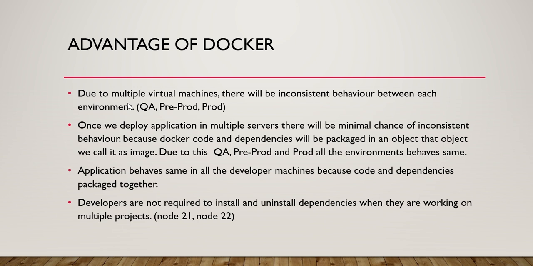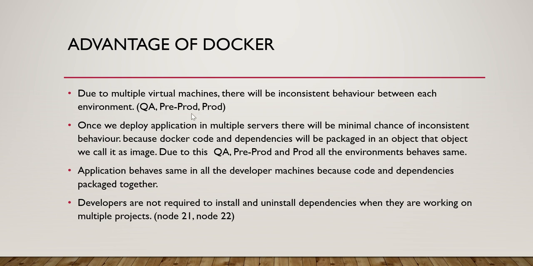For example, you are deploying your application using virtual machines, and you have a QA virtual machine, a pre-prod virtual machine, and a prod virtual machine. Maybe the operating system is different in each environment, QA, pre-prod, and prod, and the dependency versions we installed in each environment are different.